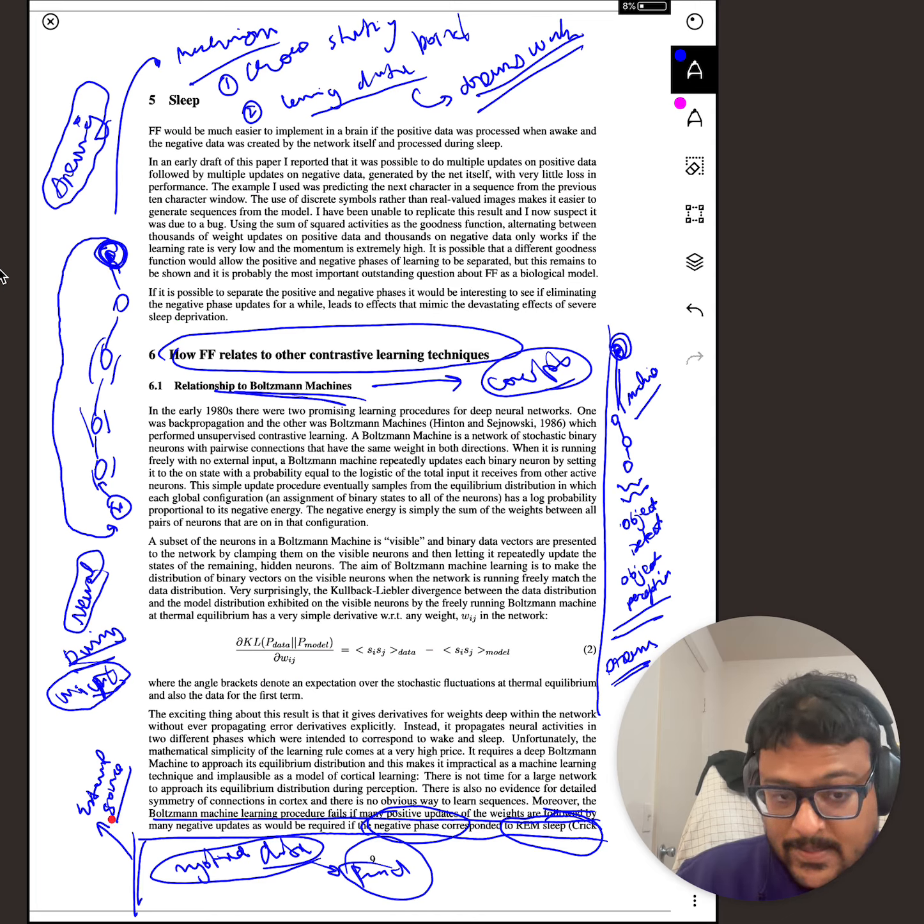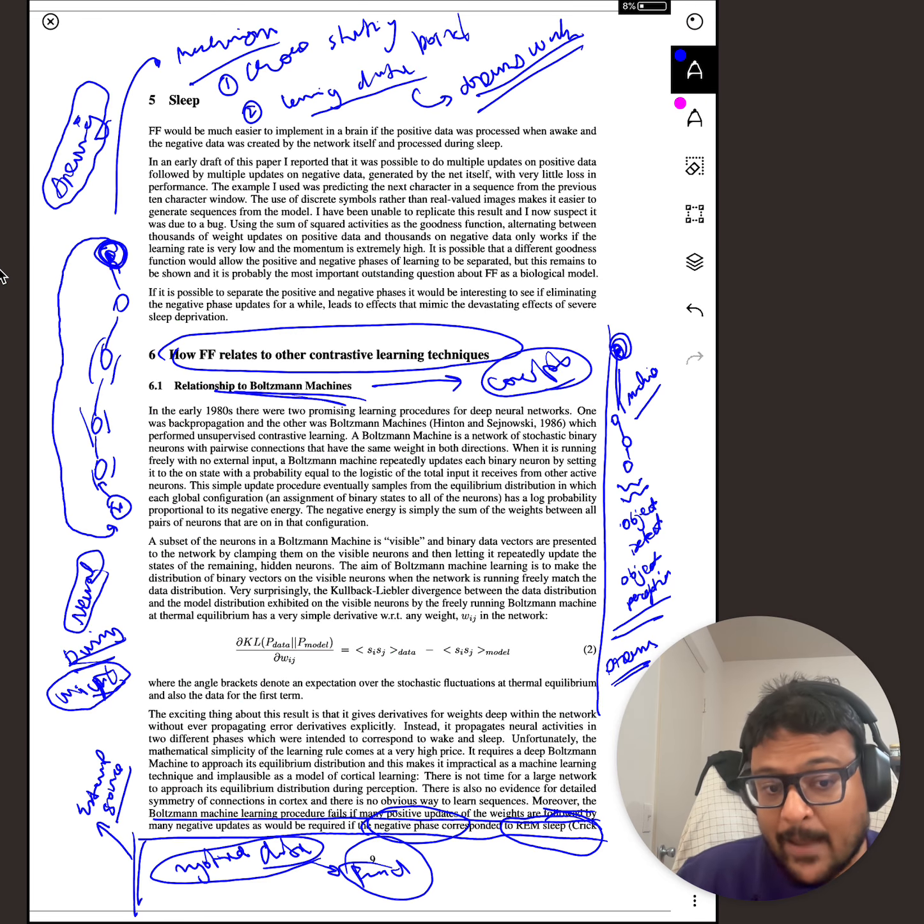Because when you are sleeping, all of your senses are essentially off. You are not aware of what is happening, and you're still getting some data from whatever you have learned, still sampling from it, and still doing some learning on it. So it shows us that when we are sleeping, our brain is generative, and somehow we are sampling something and doing some sort of learning, and that is actually helping us.